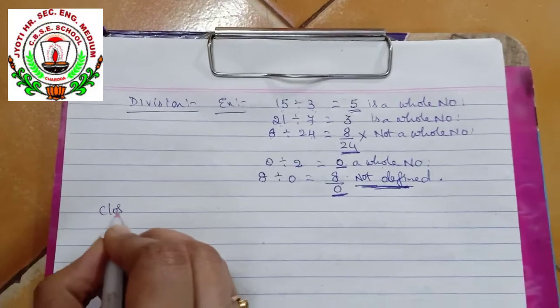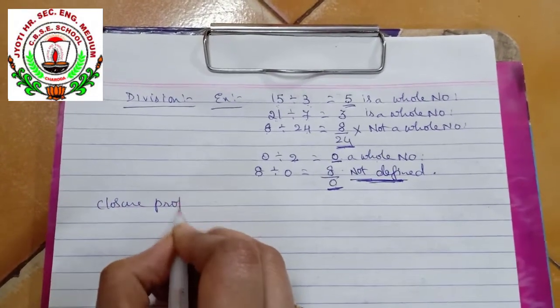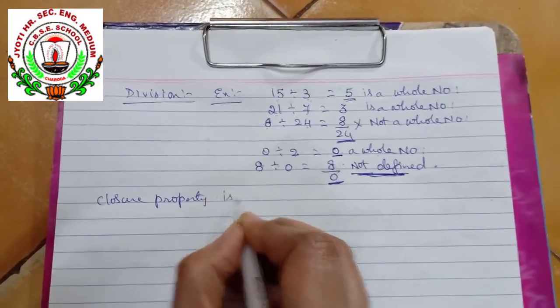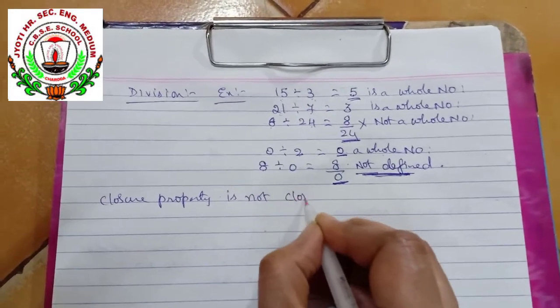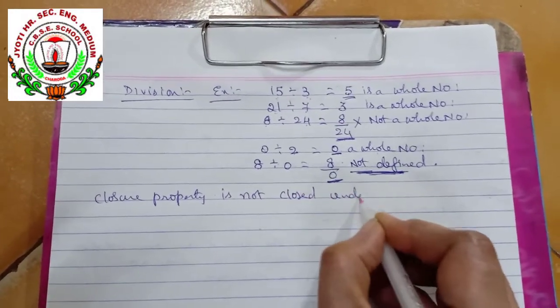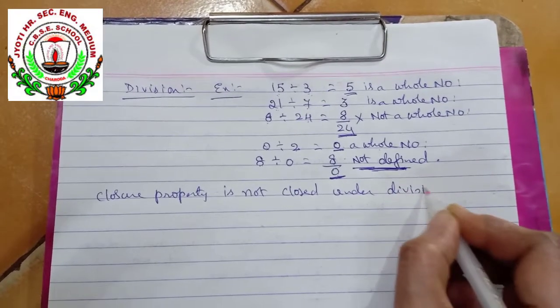So the closure property is not closed under division.